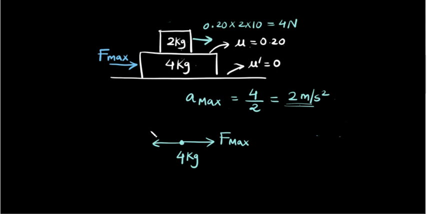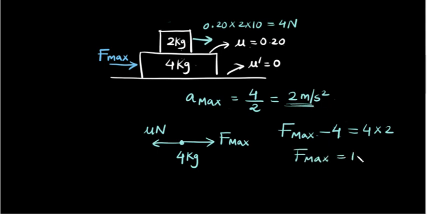So this will be the friction. Now the friction will be the limiting friction, right? So mu times n, which is 4. So F max minus 4 Newton is equal to 4 times 2, because A max is 2. So F max will become 12 Newton, because 8 plus 4 is 12.